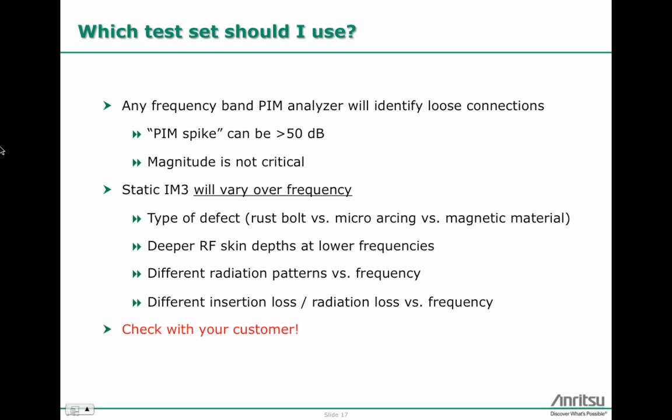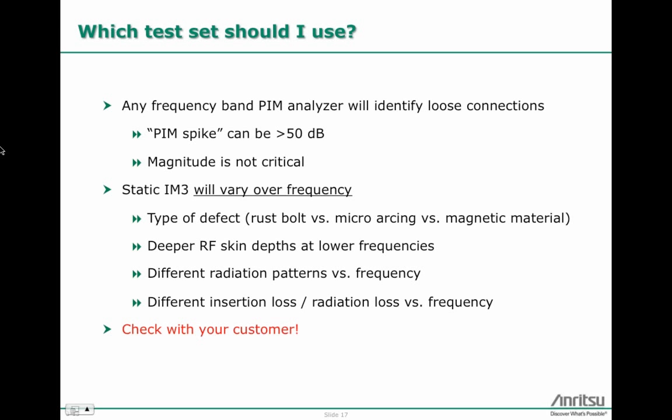However, what you'll find is that if I'm going over wide swaths of spectrum, the variation in frequency is not something that's necessarily a small variation. And that can be due to the type of defect. Things that are the rusty bolt type problems are going to behave differently versus frequency compared to microarcing, and they're going to behave differently versus frequency compared to the ferromagnetic effects.